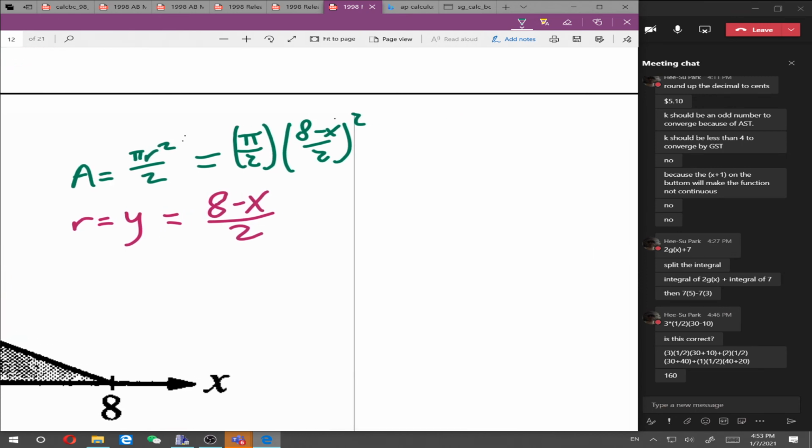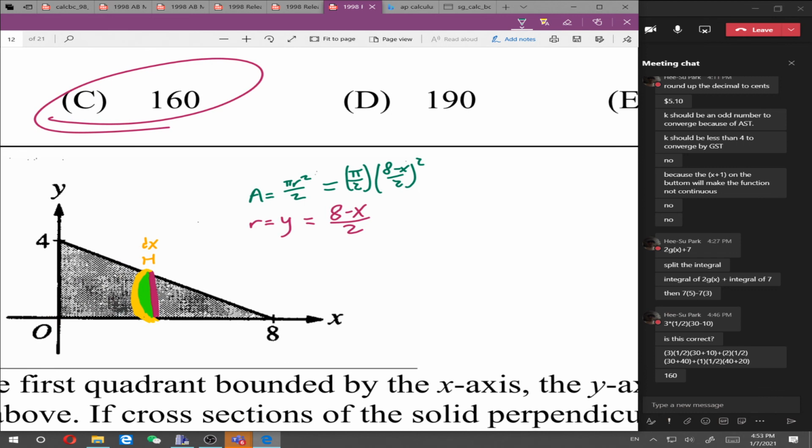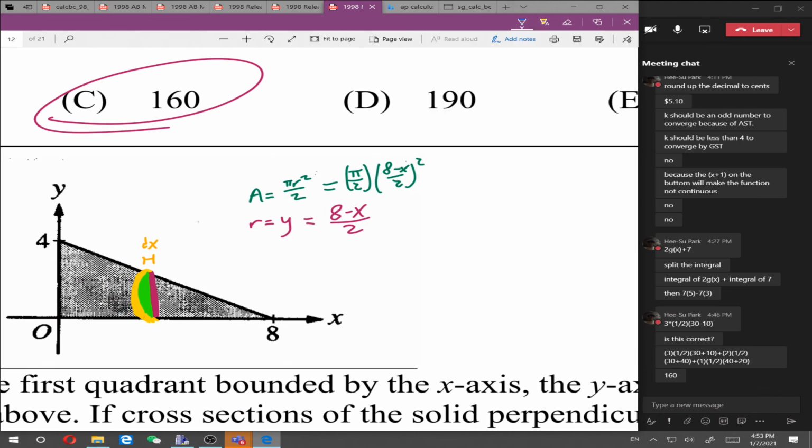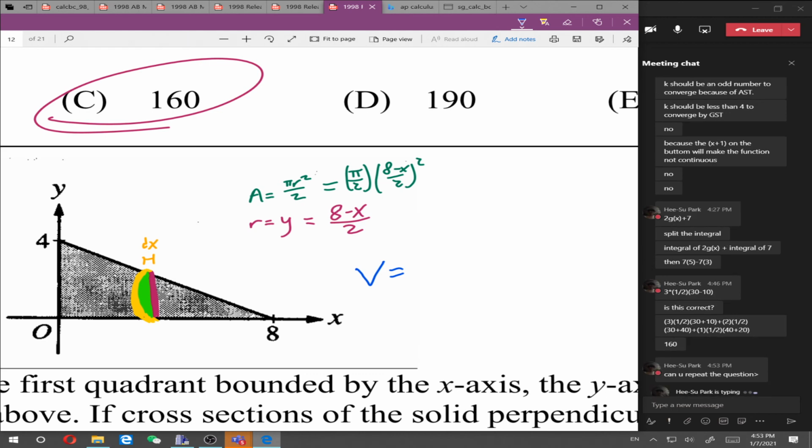Okay. Then for our volume, which will be what happens when we stack this together, Andrew, what do I need to do in order to get our volume? We've got an area now. How can I get the volume?